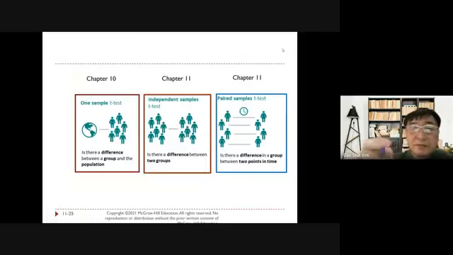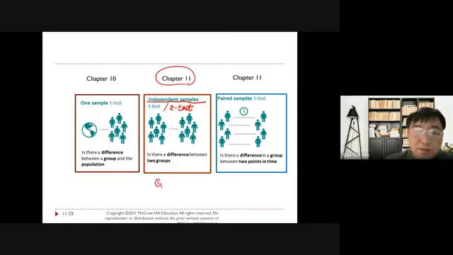So far in chapter 11, I have explained the two independent samples using t-test or z-test. It depends on whether sigma 1 and sigma 2 are known. If they are unknown, there are two cases: equal variance or unequal variance.